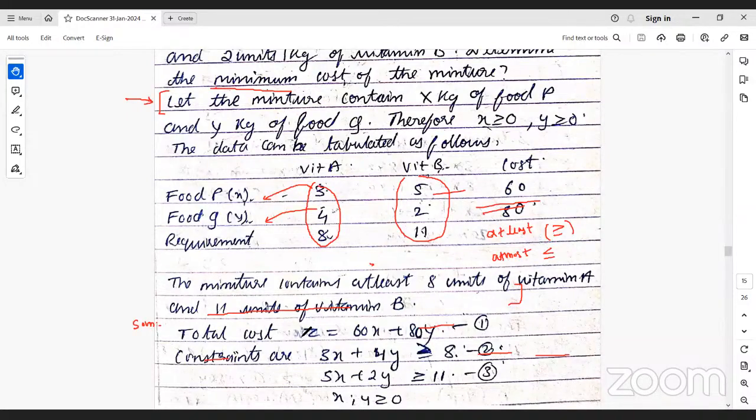The rest of the procedure is the same as we did in the previous examples, but the formation of this table, and writing the objective function and constraints, is the important step. Writing down the table and the objective function and constraints are the two extra steps here. Rest of the steps you need to do the same.